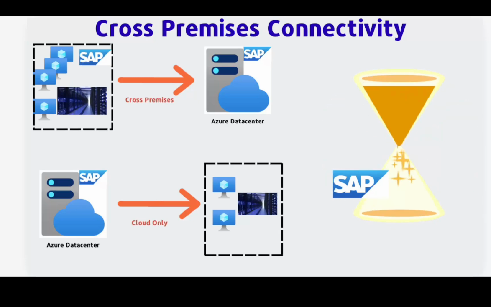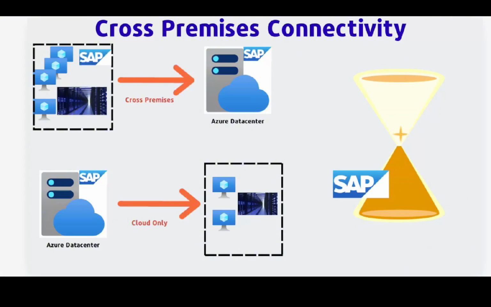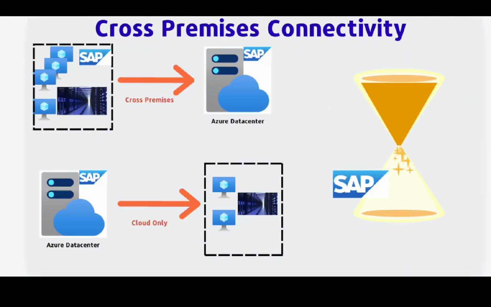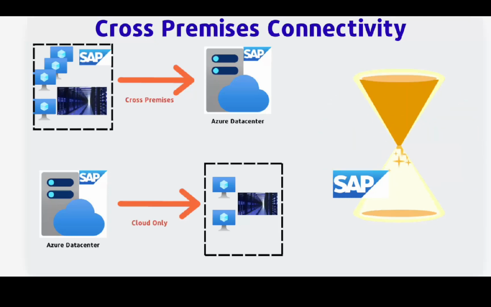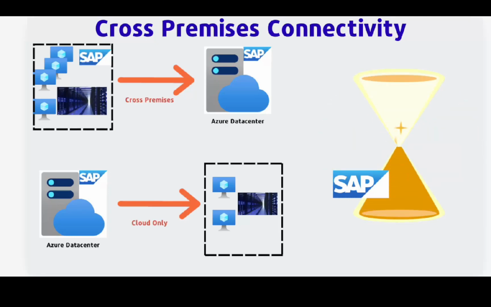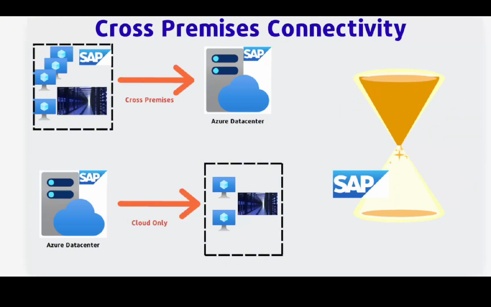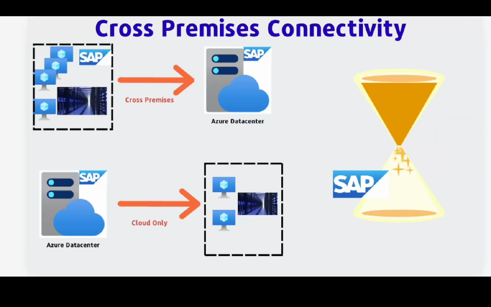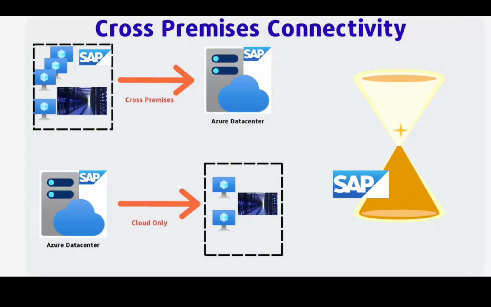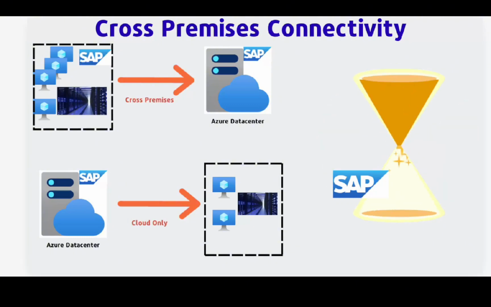Now, these safeguards have been put in by SAP in order to ensure minimal latency. Latency is a real killer in SAP. SAP doesn't like latency because there is a lot of data which is normally exchanged between the SAP systems, so latency is not good. These safeguards ensure the performance and integrity of highly integrated SAP systems.